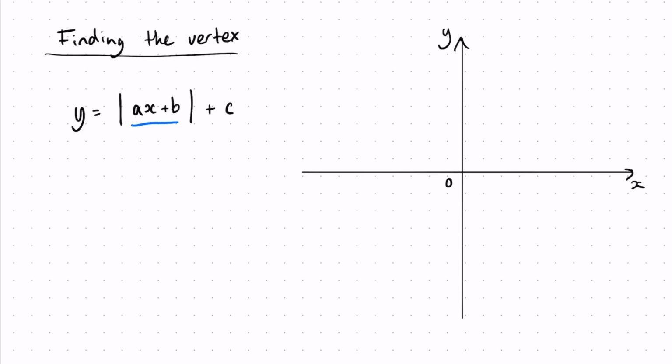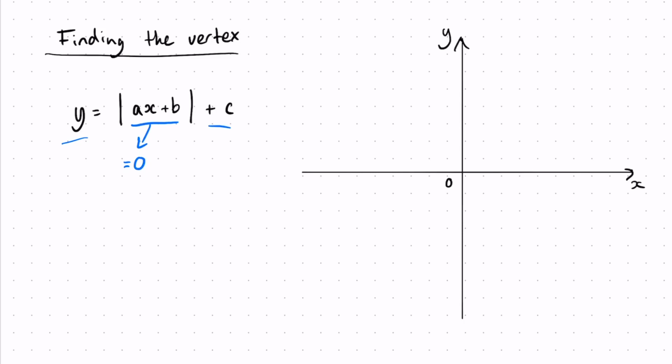So the smallest value that could ever be inside a modulus, or produced by modulus, is 0. That's really important for finding the vertex point, because that is going to tell us the smallest value of this could be, 0, plus our c value will be the smallest value of y.